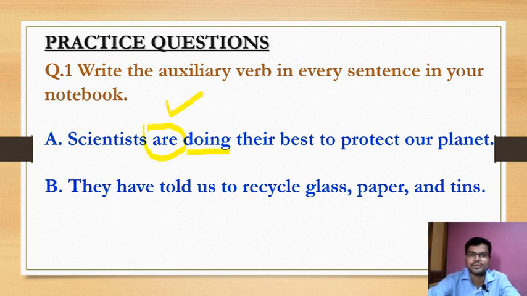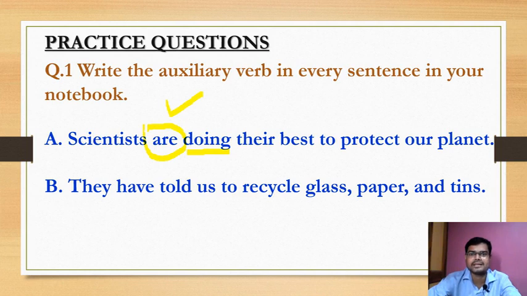I hope you are getting it very easily. Now let's take another example. They have told us to recycle glass, paper and tins. They have. Now which is the helping verb? You can see here, they have told us.